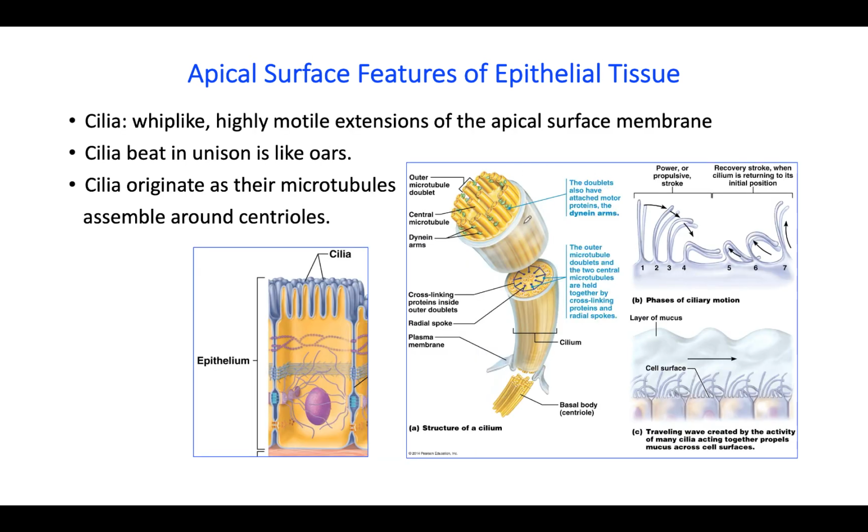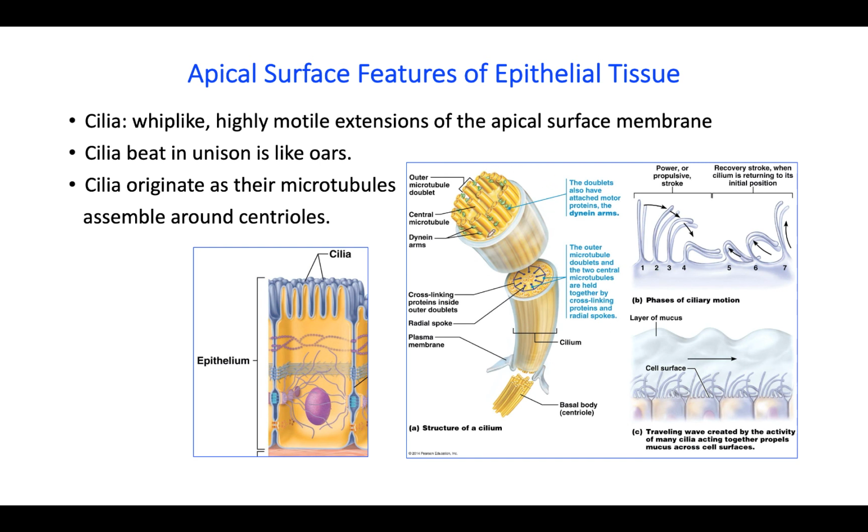Here's a cilia. Okay, cilia are whip-like, highly motile extensions of the apical surface membrane. And cilia beat in unison. It's like an oar or canoe paddle, and they beat in only one direction. So the cilia move in coordinated waves, and the wave can push mucus over the epithelial surface.